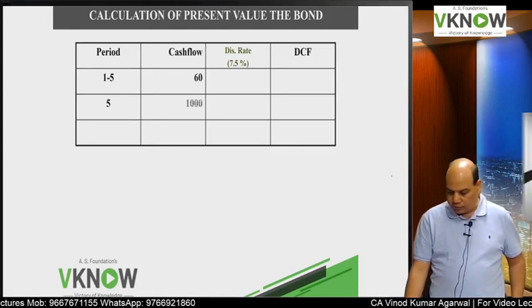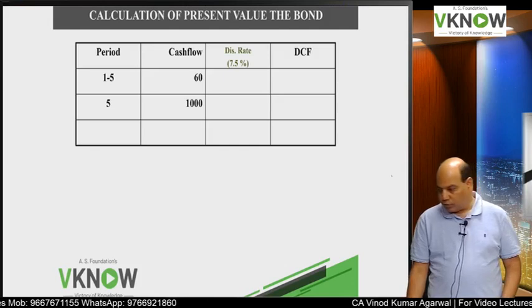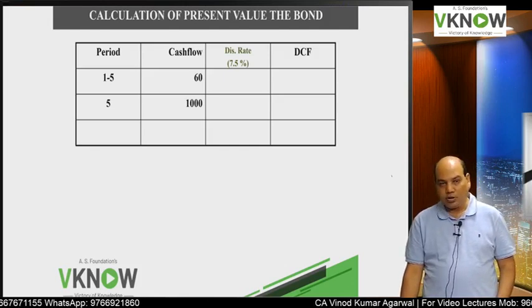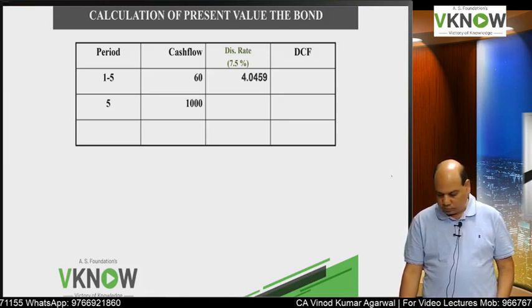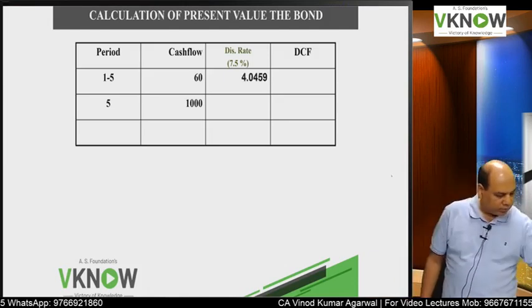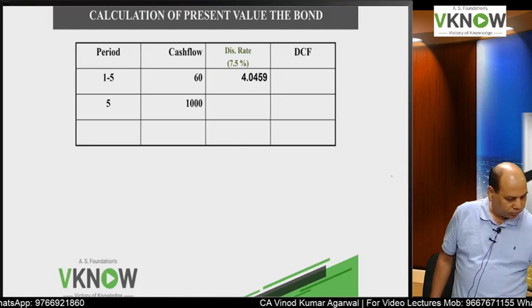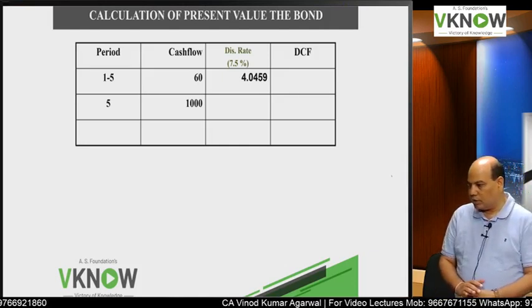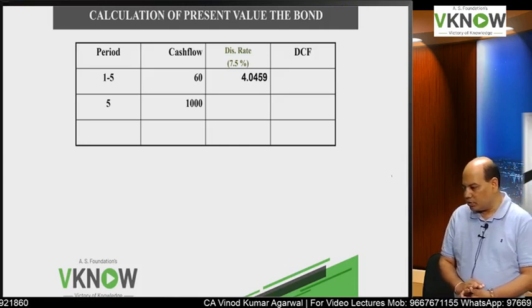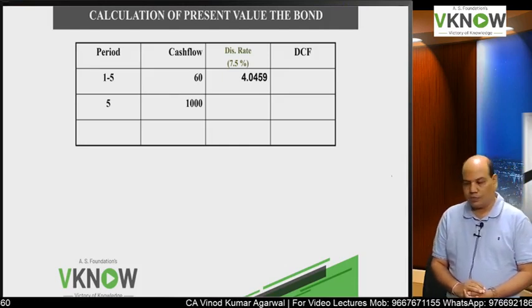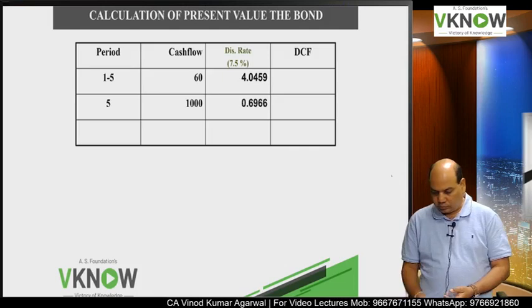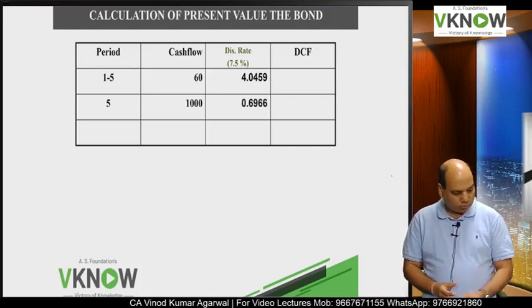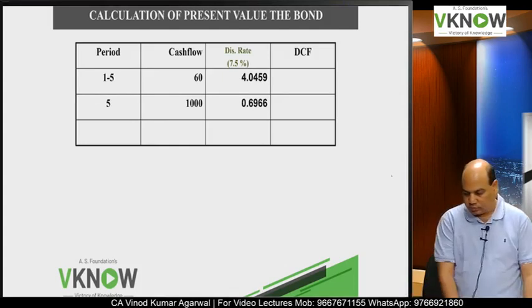Then you solve. Year 1 to 5, 60 rupees. 5th year, 1000 rupees. Factor. Check the factor at 7.5%: 4.0459, 0.6966.